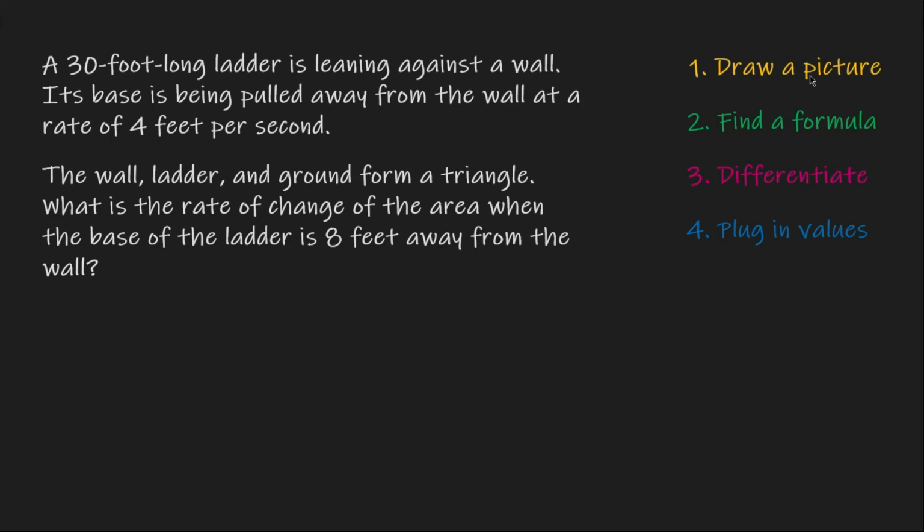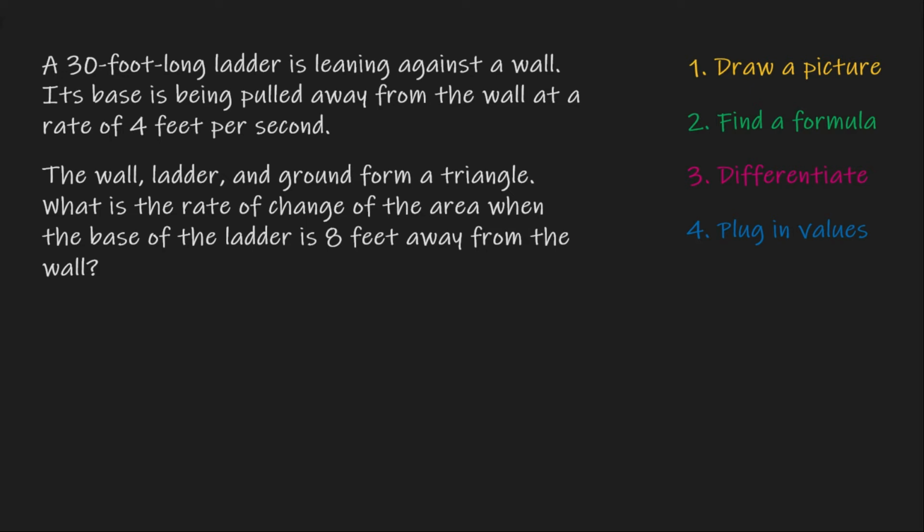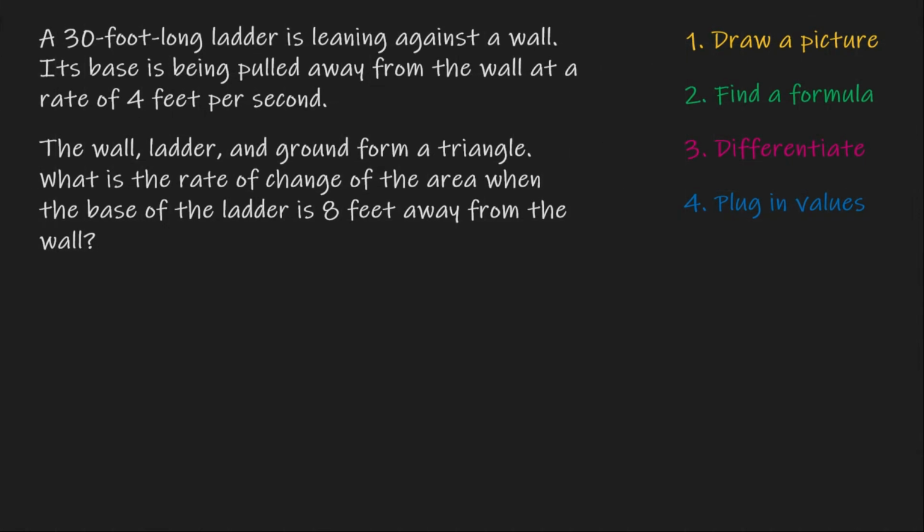So let's apply these same four steps that we did last time. What we'll do is make a drawing. Let's just draw a wall like so. We'll draw a ground. Then we'll draw a ladder.